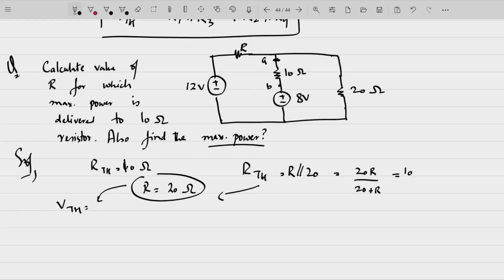VTH पहले आप लोग निकाल नहीं रहे. -2 पे 0.1 वॉट्स आएगा.